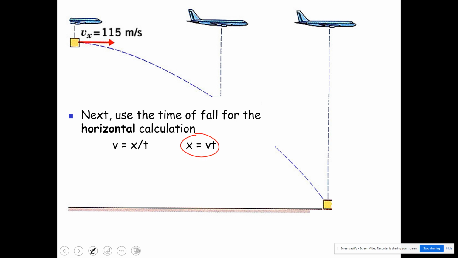Okay, all I did was multiply by t on each side, and then plug in the numbers. Notice that this is the time I calculated on the previous slide. The 115 was given in the question. And so I figure out that it's going to go 1,679 meters before it hits the ground. And that's it. That's how you would do that.